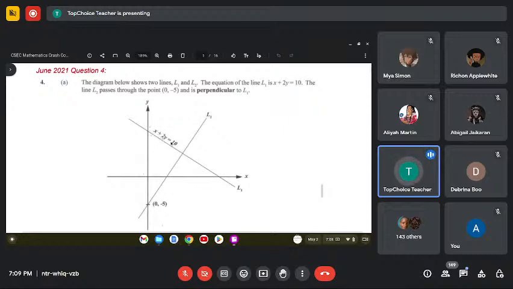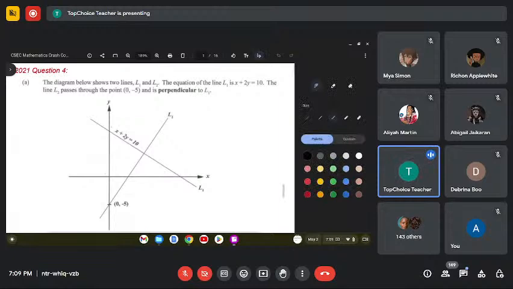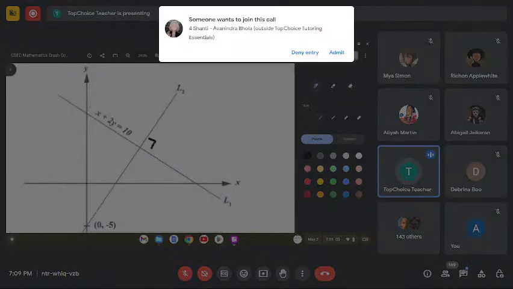The line L2 passes through the point (0, -5), that's our point here, and is perpendicular to line L1. That is very important information that we need in this particular question.